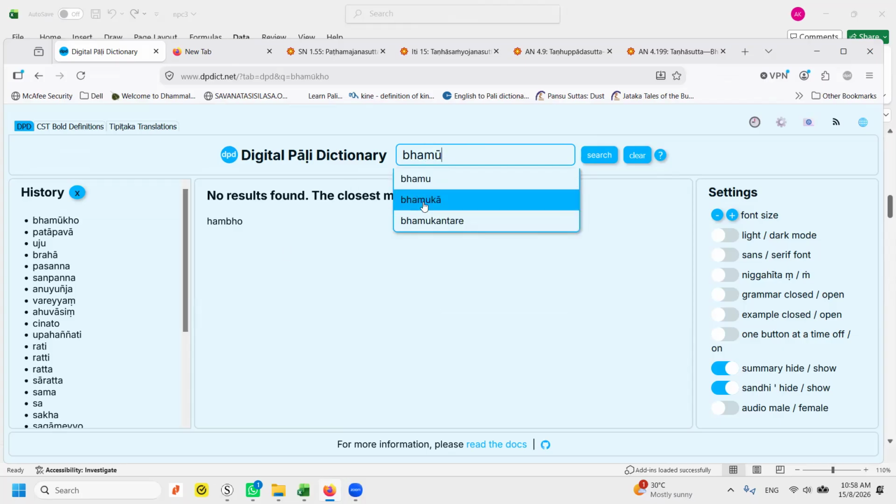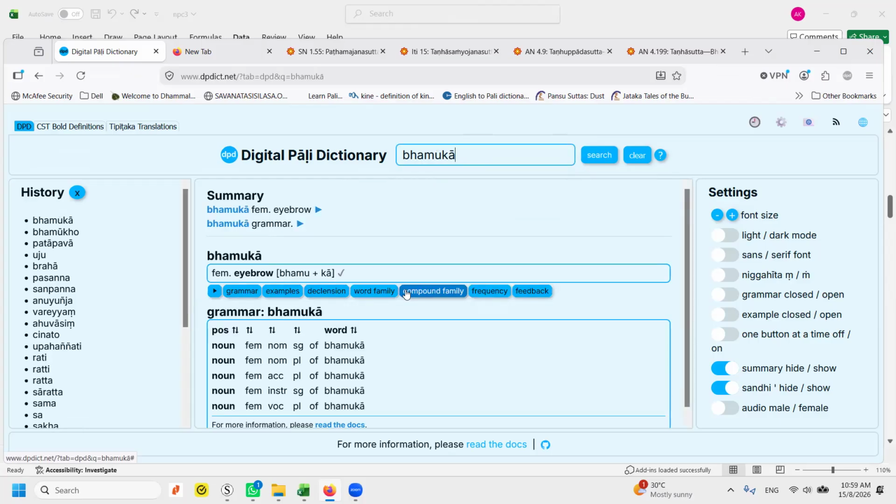So Bamuka, you should take this one as eyebrow. This is not KHA, this is MUKA. Also in the Sunday school class.